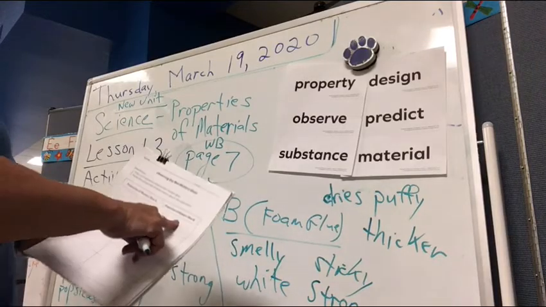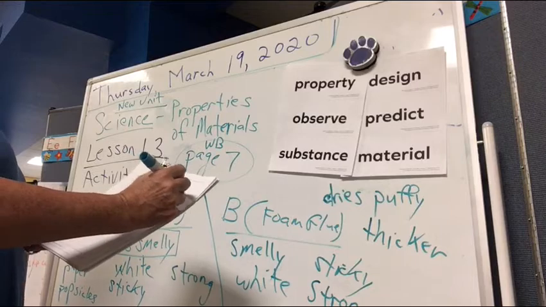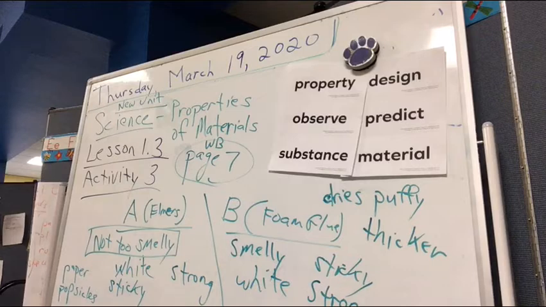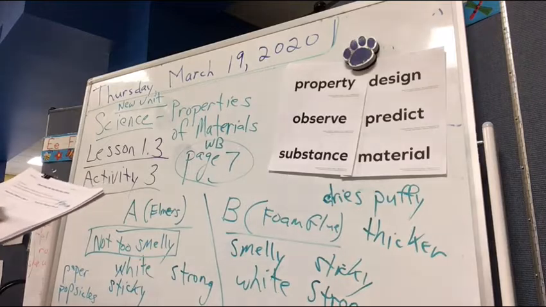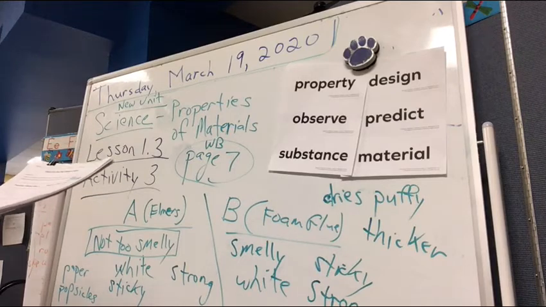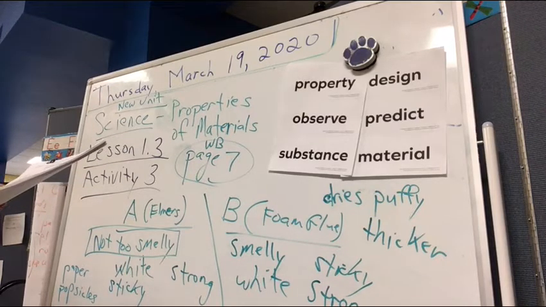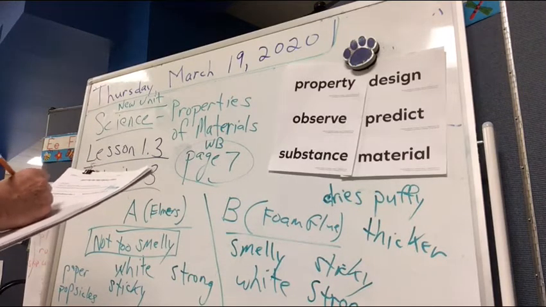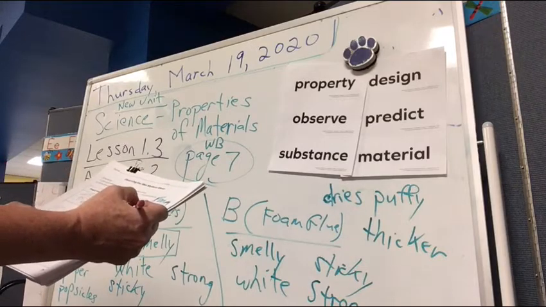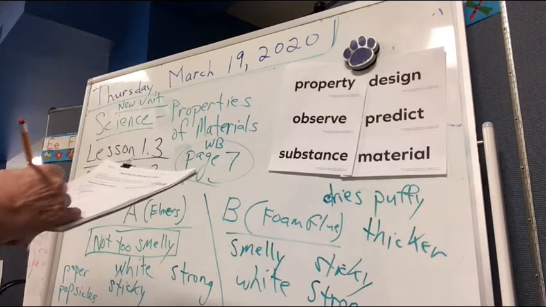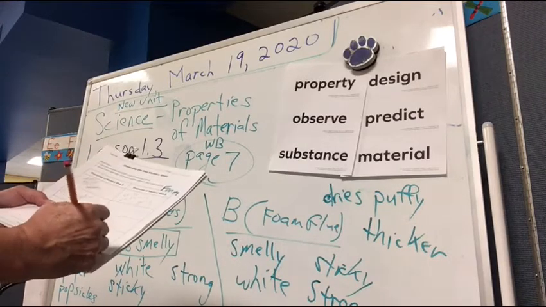The foam glue, mystery glue B, was white, strong, white also, but it dried puffy.